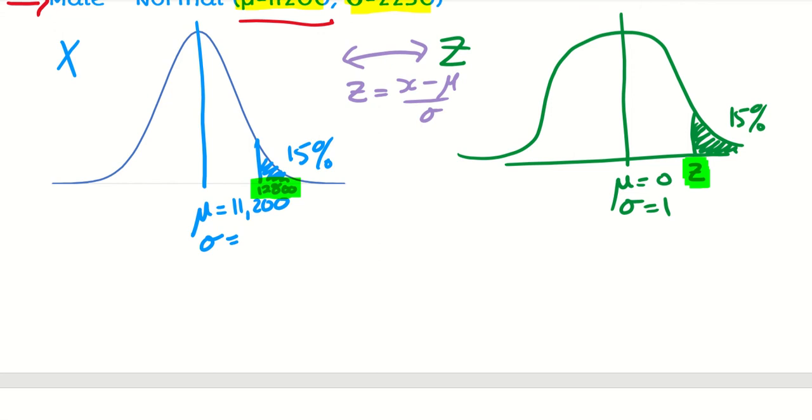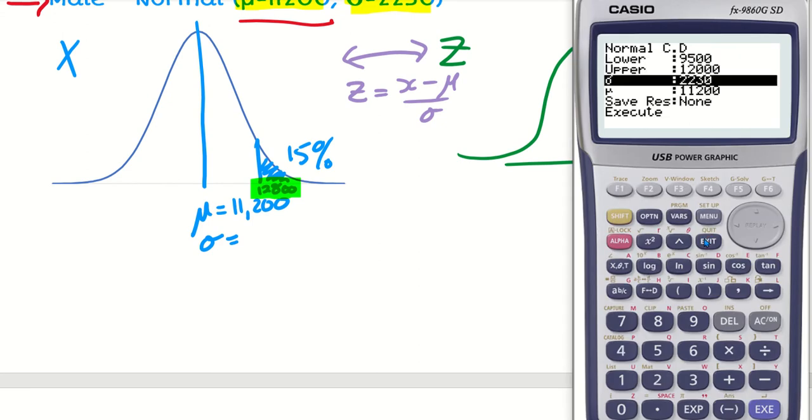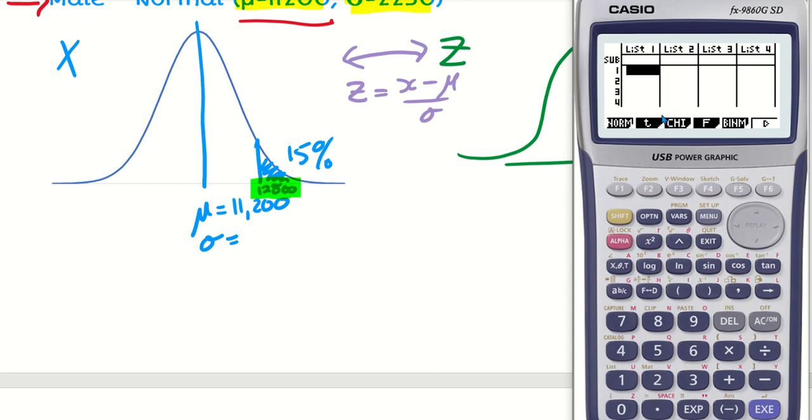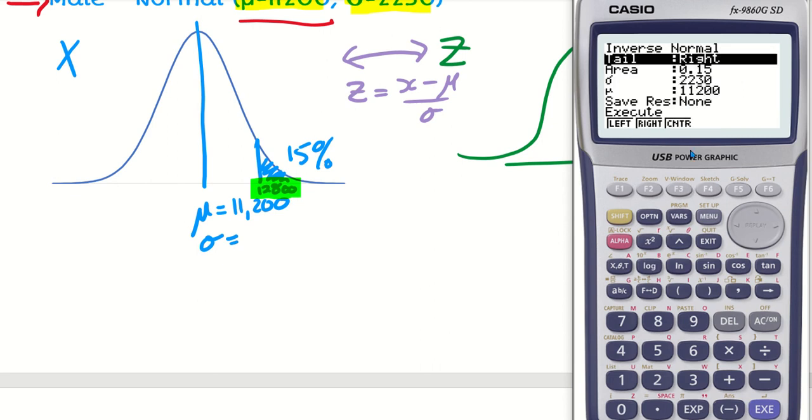That means on my calculator, I need to go into the inverse normal mode. So distribution, normal, inverse normal. The tail we've got is on the right hand side, so I've got right hand there. I want the area to be 0.15, and I'm going to set the standard deviation to be 1 and the mean to be 0.